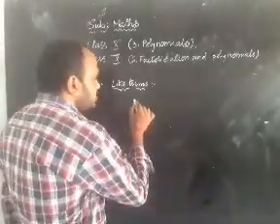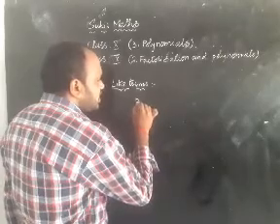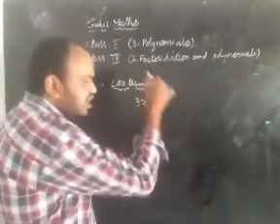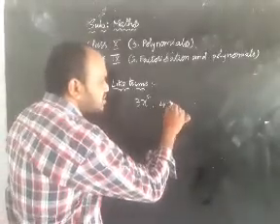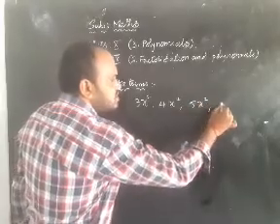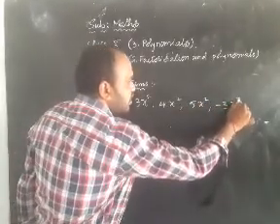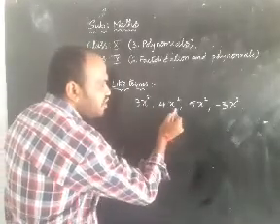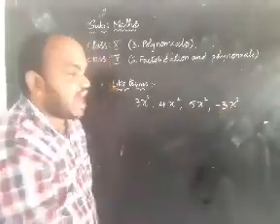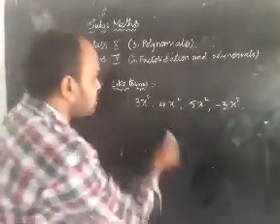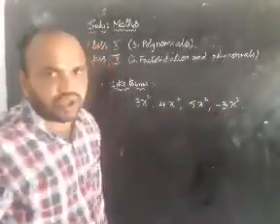See the examples here. 3x square, same variable, 4x square, 5x square, minus 3x square. Here all have the same variable, x, and the same power, that is 2. So these all are like terms.